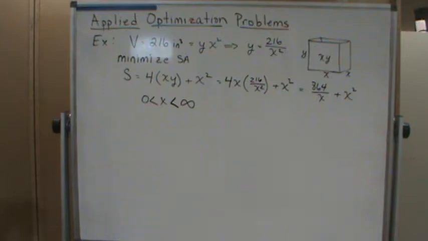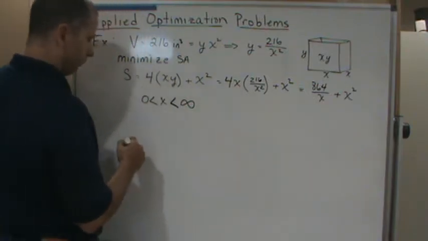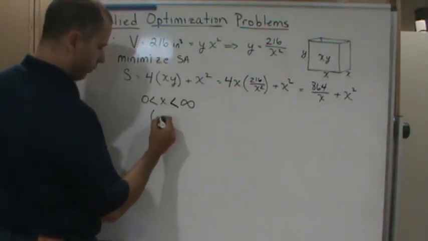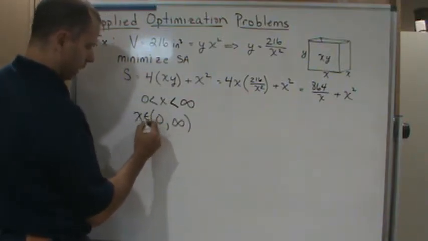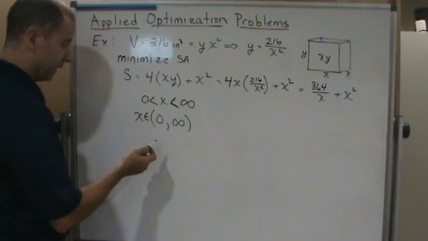But since we're dealing with an unbounded open interval, we can't do that. So how do we do this? Well, let's look at the endpoints. This is an open interval from 0 to infinity. So now let's consider the limits.